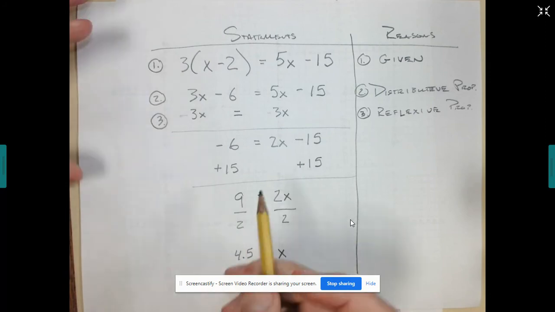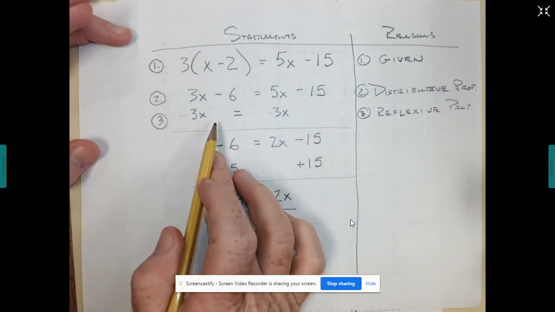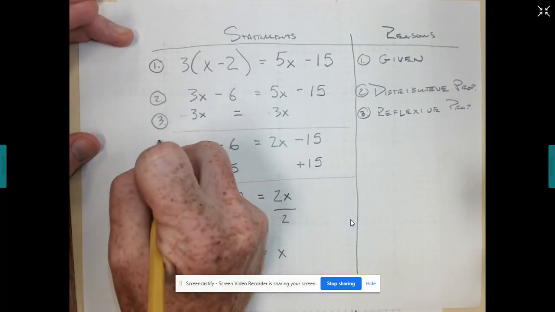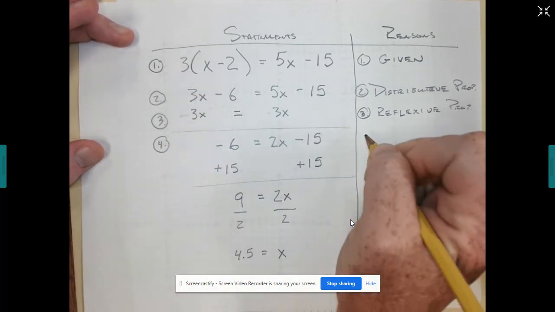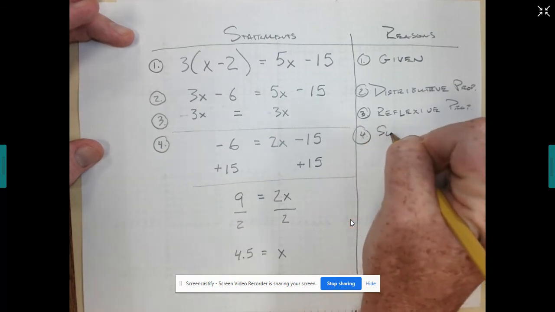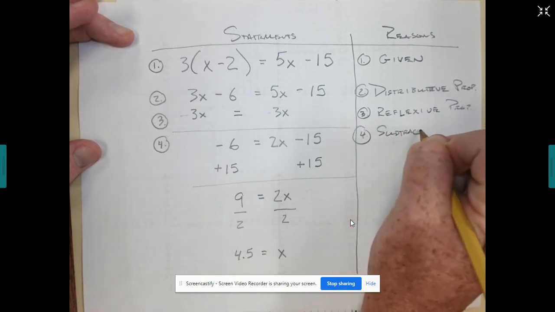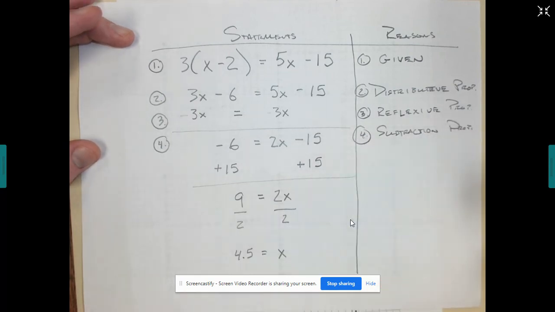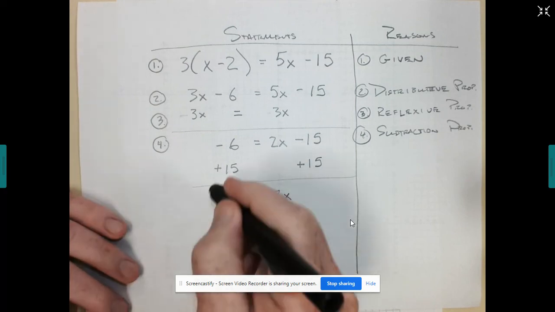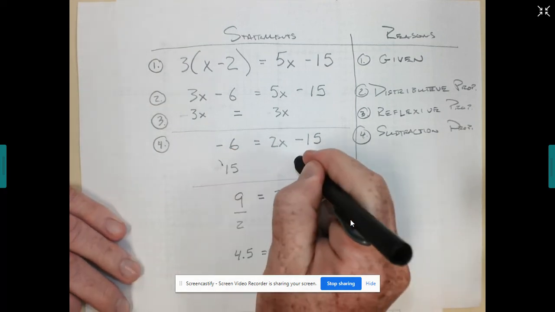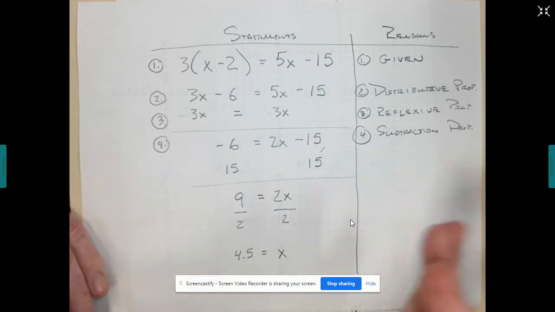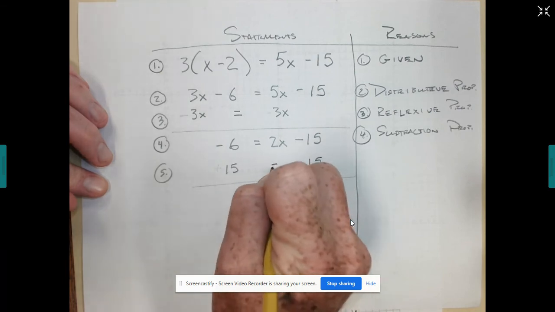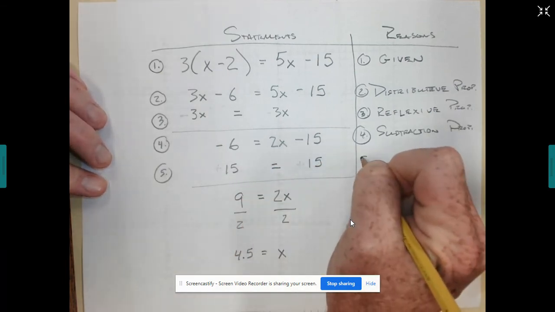All right. And since 3x is the same thing on both sides, what did we do? We took 3x from both sides. So the way we ended up here was through the subtraction property. Again, we're showing our work here. Instead of showing the operation here, we're going to announce to everybody in step 5, since 15 does actually equal 15.